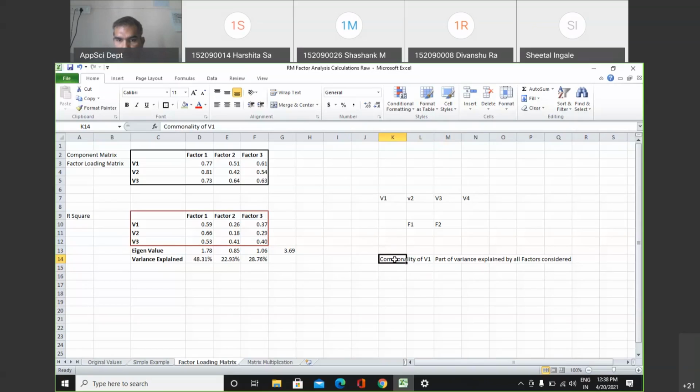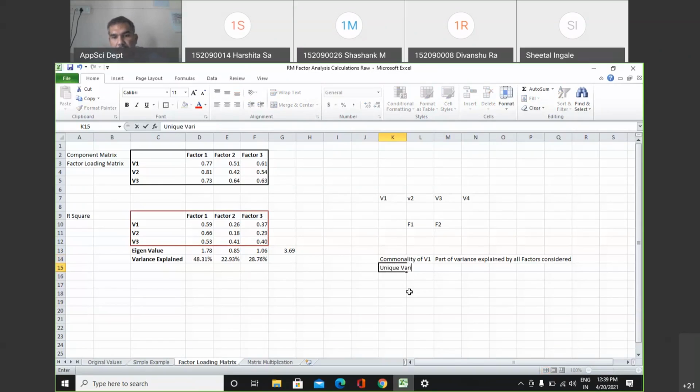So this is called commonality, which becomes a very important term in factor analysis. This is also called common variance. And the other part, which is not explained by F1 and F2, that is called unique variance.